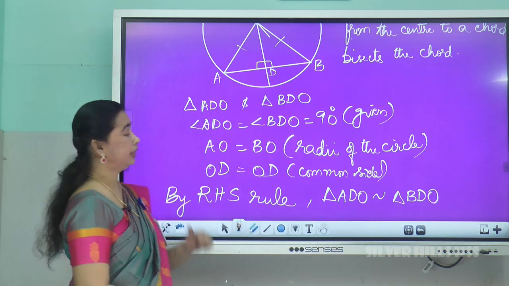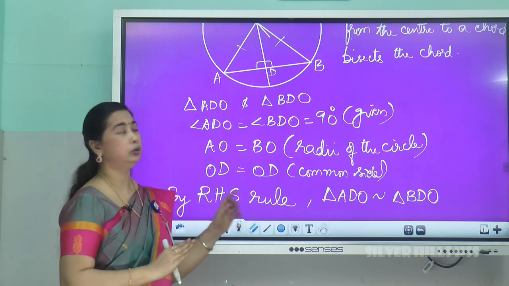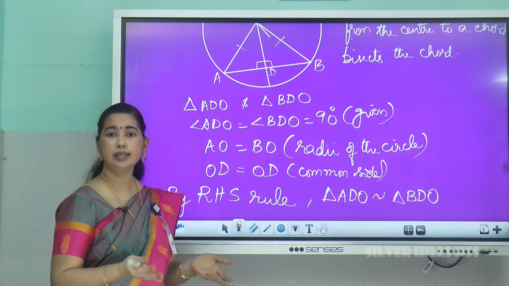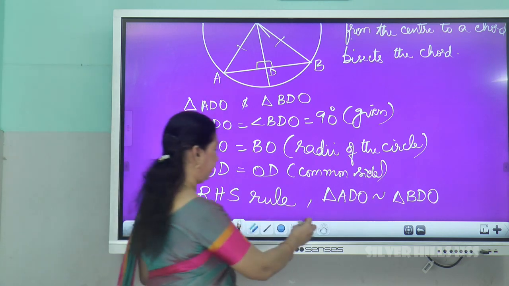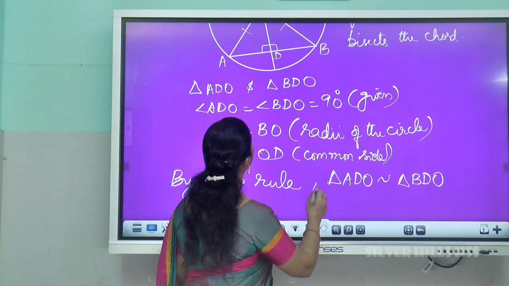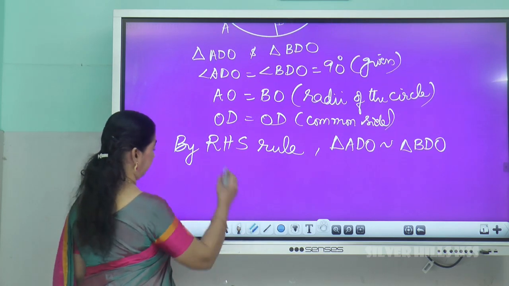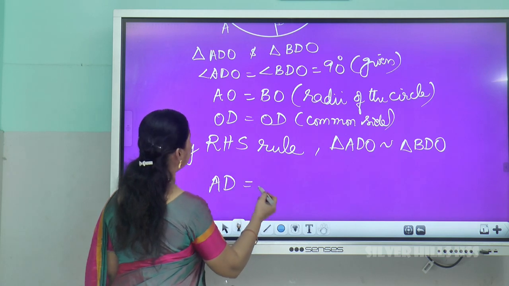If both the triangles are congruent, it means they are the same, they are equal. So what can you say? Remaining all the other sides and all the other angles of both the triangles will be the same, and therefore the remaining sides AD will be equal to DB.